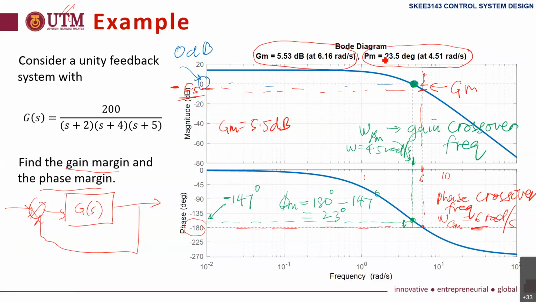Phase margin 23.5 degrees, at omega 4.51 radian per second. That is obtained based on MATLAB. Of course, we would not be able to obtain that accuracy; we can just estimate based on the graph given to us.